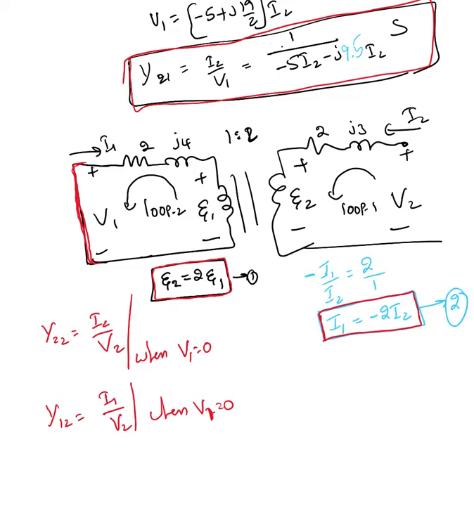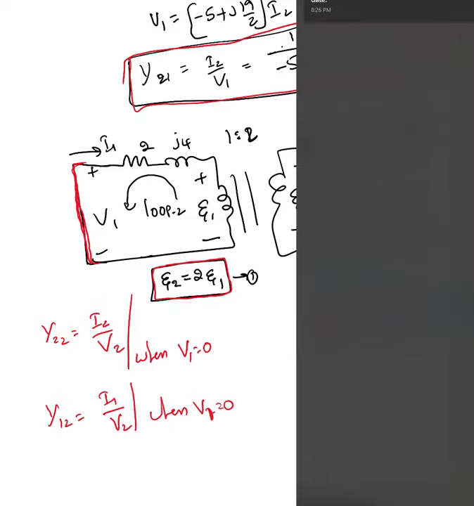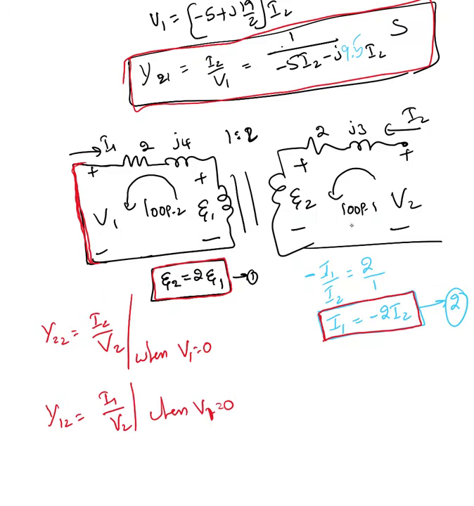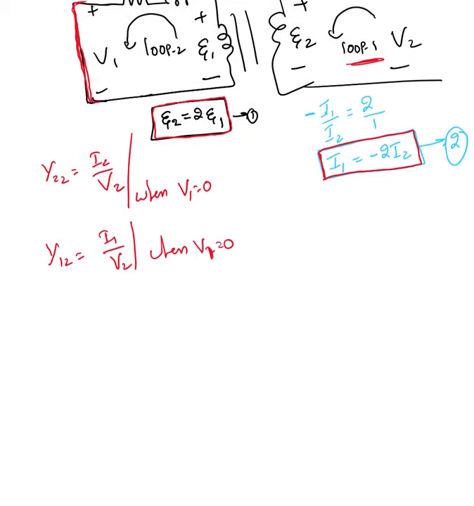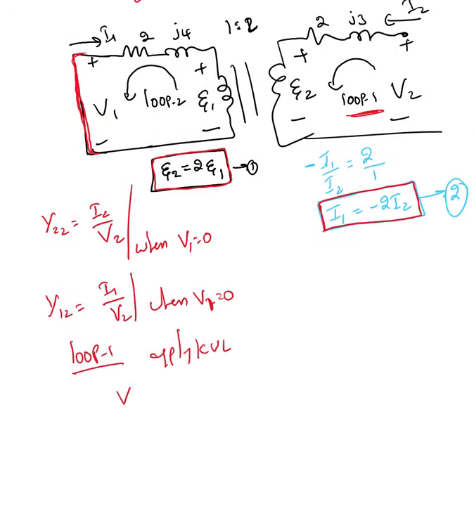I'm going to take this as loop 1 on the secondary side. Apply KVL: V2 equal to 2 plus J3 I2 plus E2. That's my V2 equation.